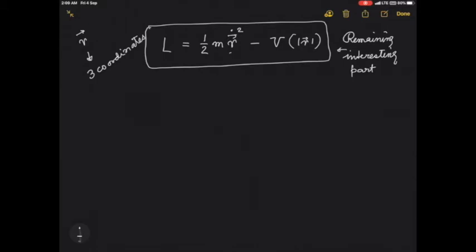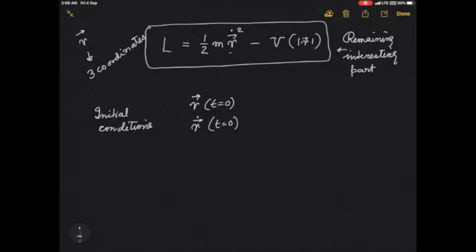And it still has three coordinates. So because it's a motion of a single particle, what are the initial conditions? Well, you will argue the initial conditions are nothing but r at t equals 0 and r dot at t equals 0. These are the two initial conditions, right?